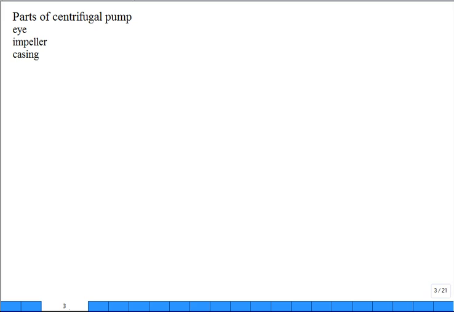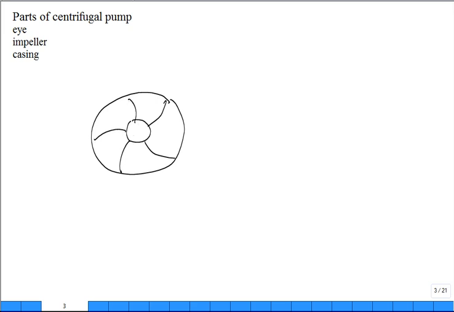So what are the parts? You can take a look at a good graphic, but I thought I would just build it. So what you have is an eye region. The fluid comes into it, turns 90 degrees and goes into an impeller region. And that impeller region is rotating, and I'm just going to show a couple of impellers on it like this. And the fluid, after it turns 90, flows between the impellers.